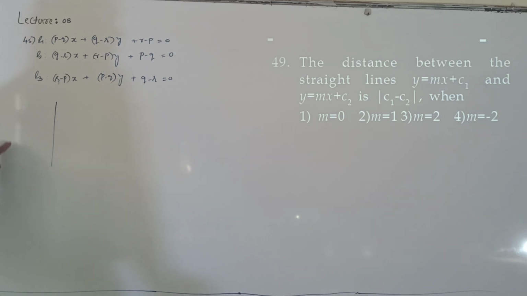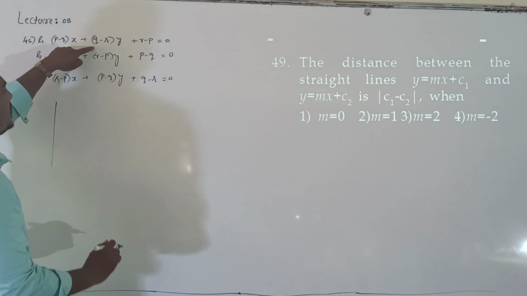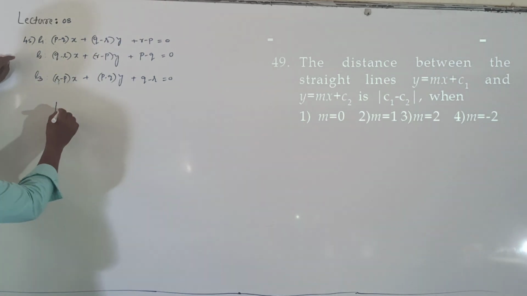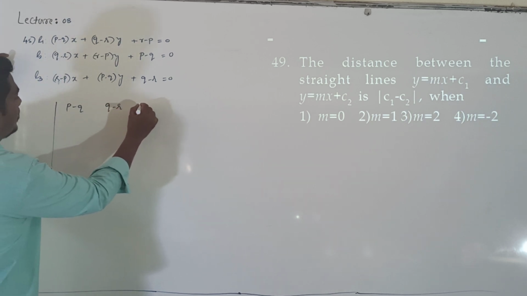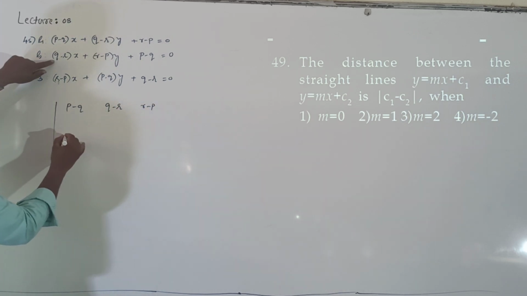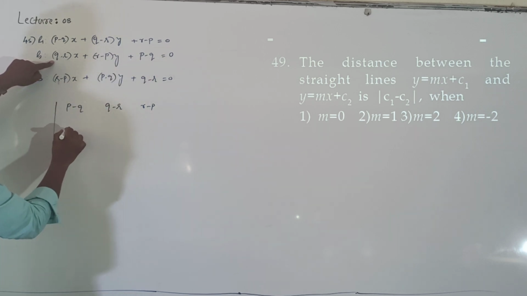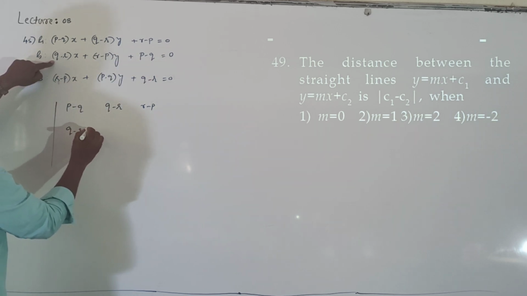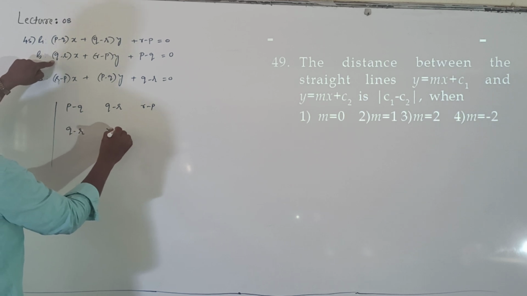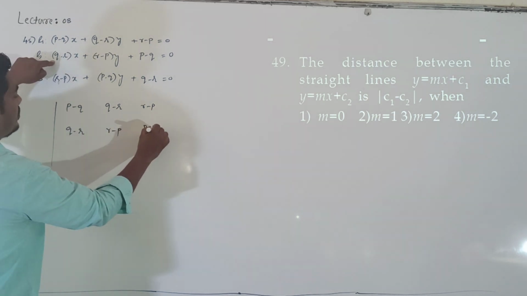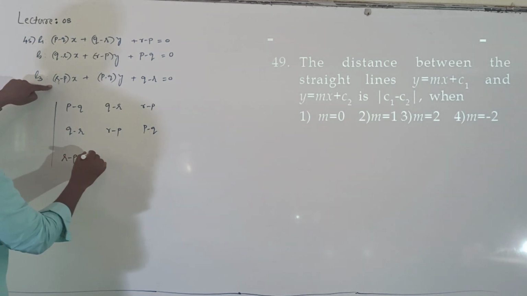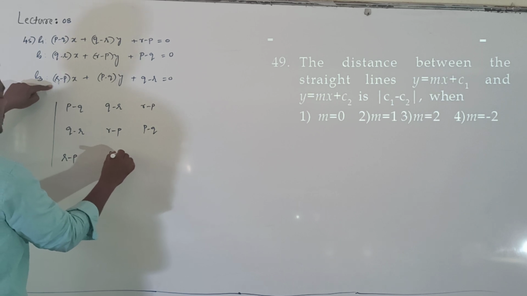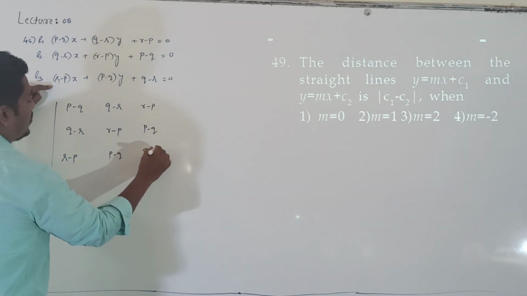Determinant of their coefficients. The determinant is like a1x plus b1y plus c1: so p minus q, q minus r, r minus p; a2, b2, c2: q minus r, r minus p, p minus q; then r minus p, p minus q, q minus r.